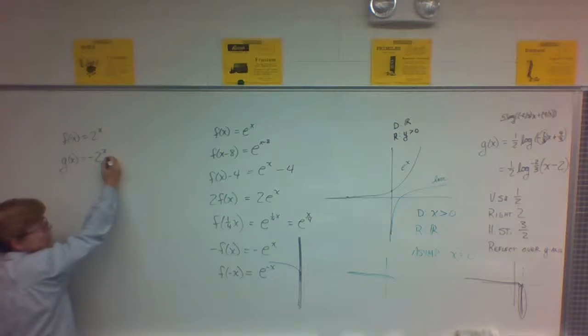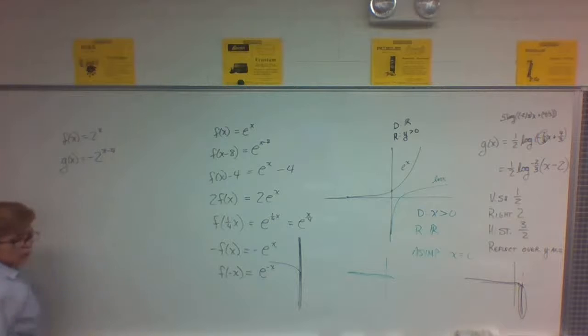To the right, so x - 4. When you're moving right-left, it happens up here with the x, because right-left is a horizontal thing, and horizontal things are tied up with the functioning. Reflection over the x is a vertical reflection. That happens after the functioning. Slap a negative on it, makes all your y values negative.